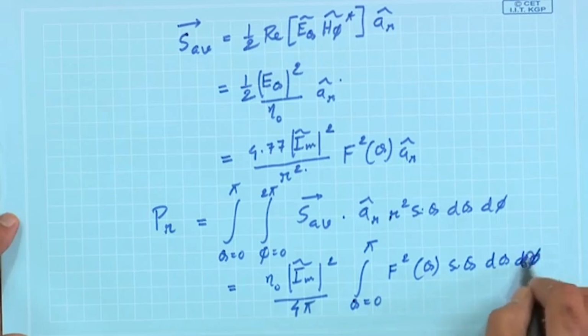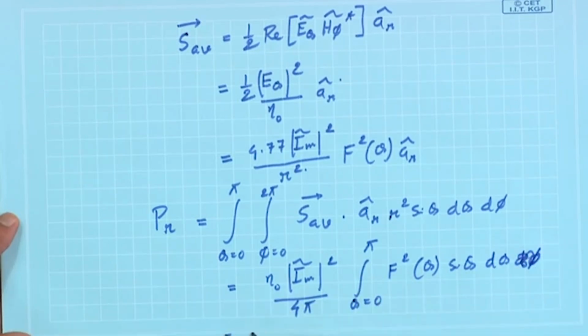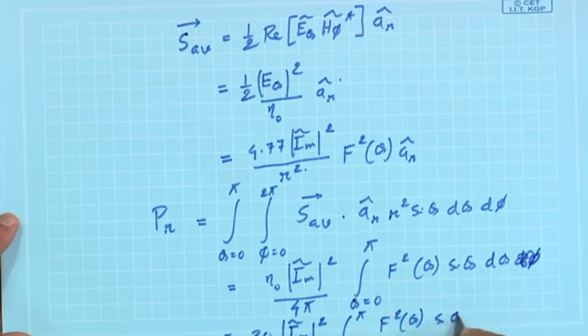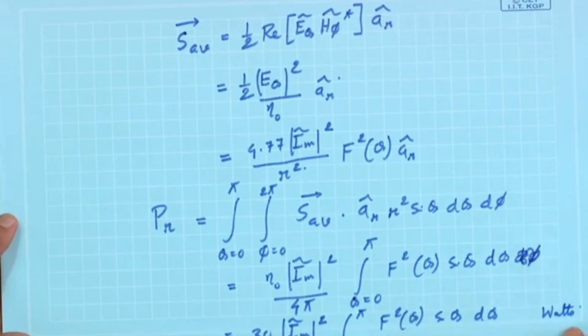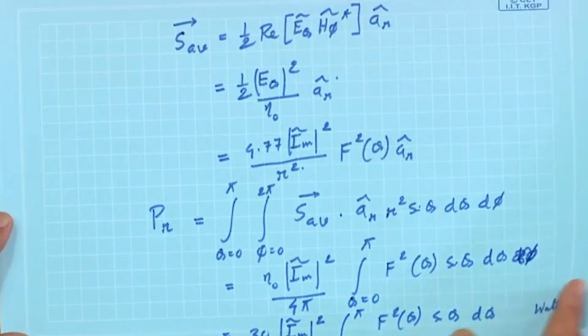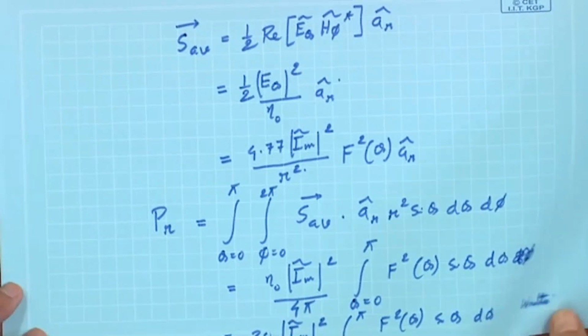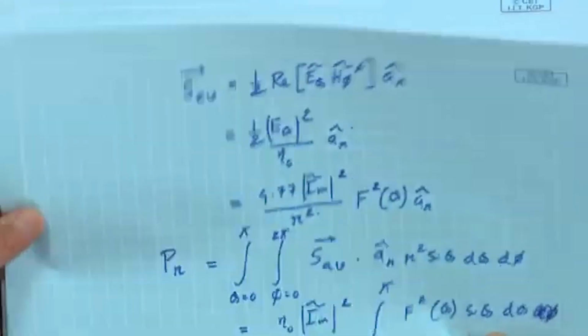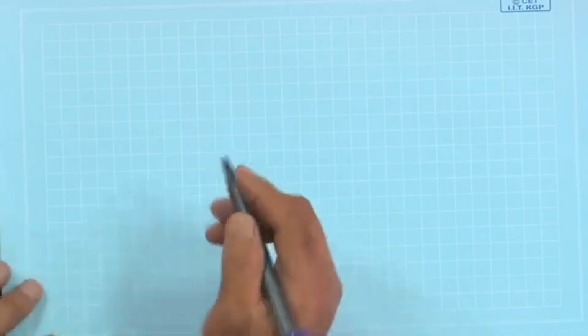The phi integral, already 2 pi, was done, and this is 30 Im square watts. Now, this integral is further not integrable in general, but here you will have to put, as we have already seen, the value of your length. So, if we specialize, in some cases it gives a value.